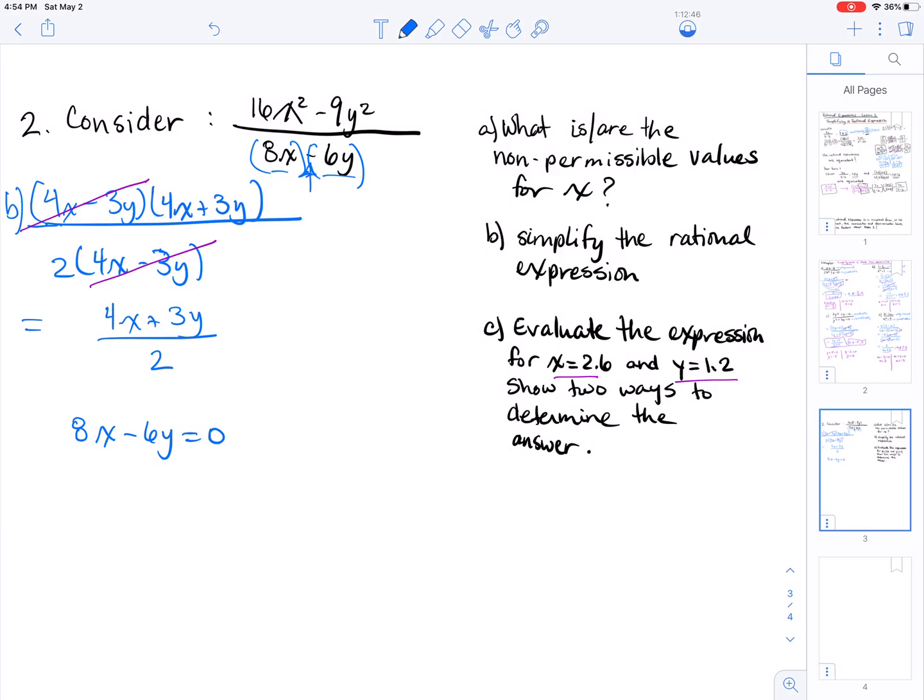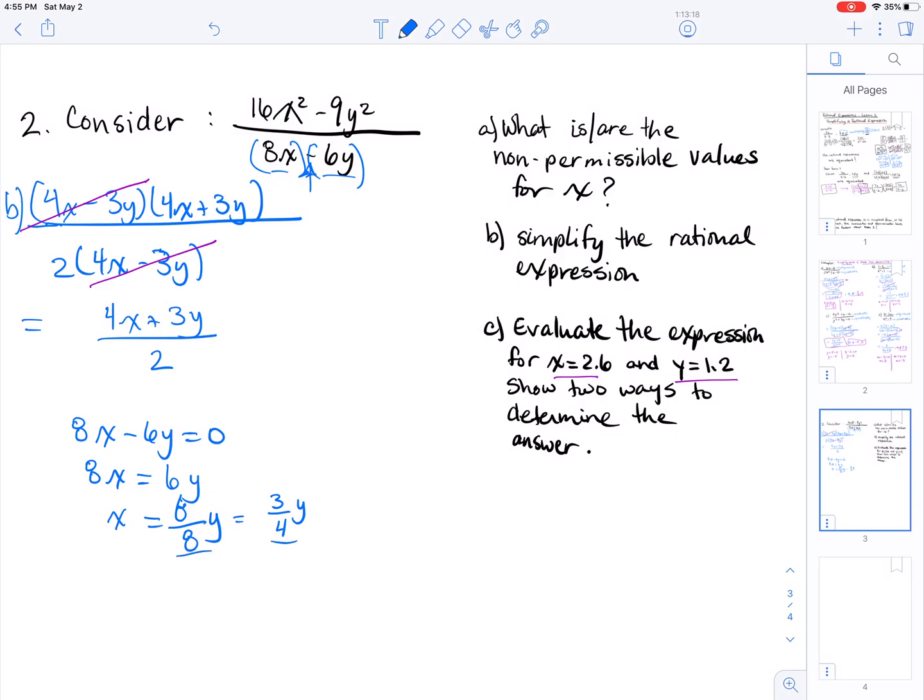And what I'm going to do is isolate each. So I'm going to take 8x equals 6y. And now I can isolate out my x equals 6 divided by 8 times y, which is equal to 3 over 4y.